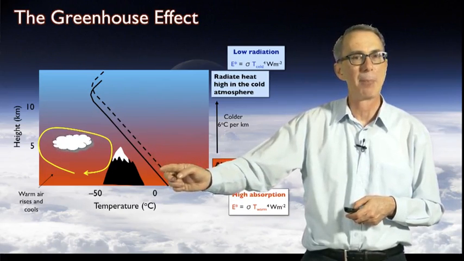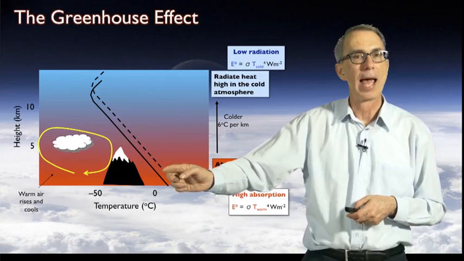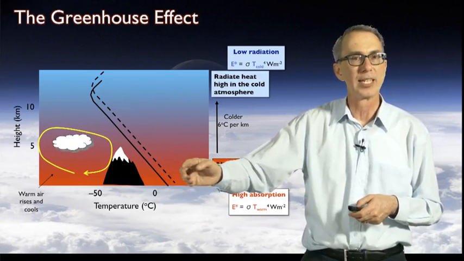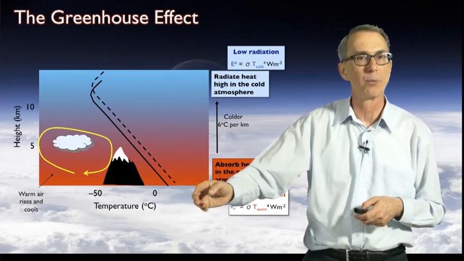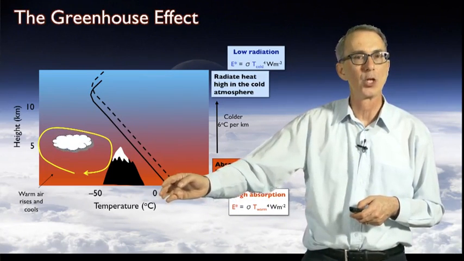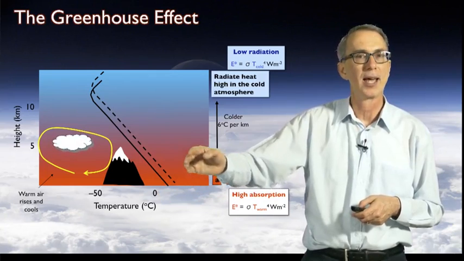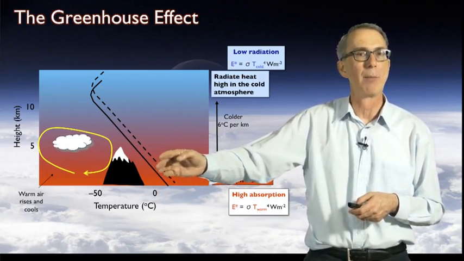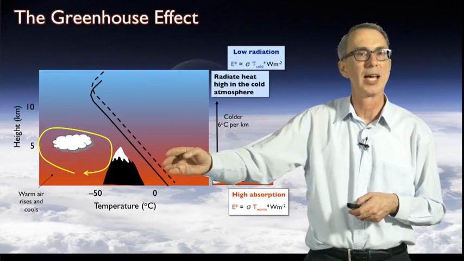For that to happen, the Earth's surface warms up down here, the temperature cools off with height as we go up, and we end up with the same amount of energy lost to space, because the greenhouse gases have made the atmosphere more opaque.